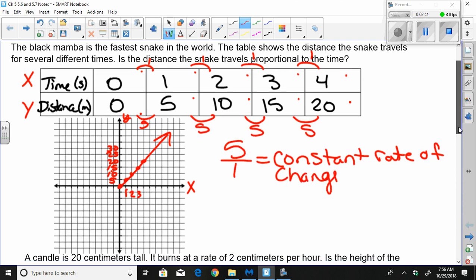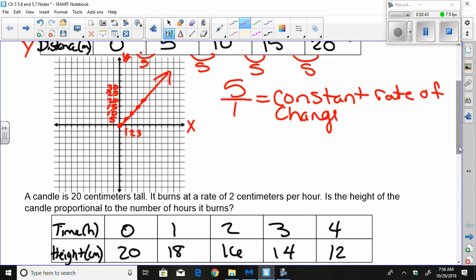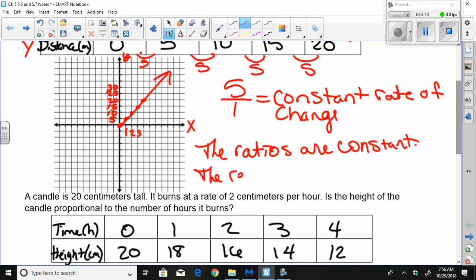Since we have a constant rate of change, and we have a straight line that goes through the origin, the ratios are constant. So the line passes through the origin and is a straight line. The distance traveled in meters is proportional to the time in seconds. So the relationship is proportional.